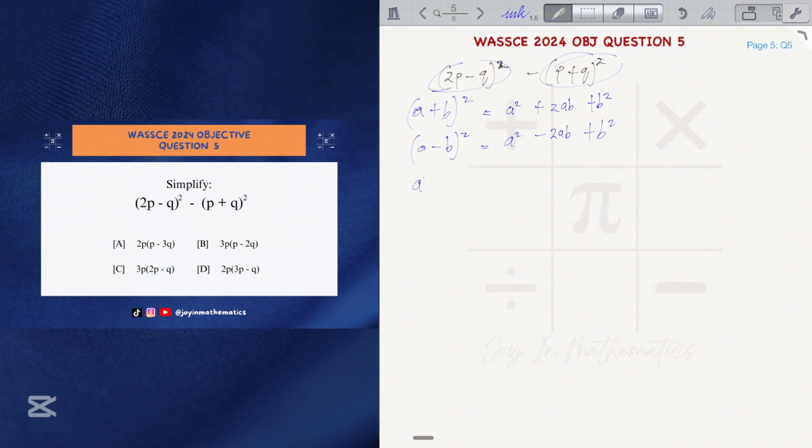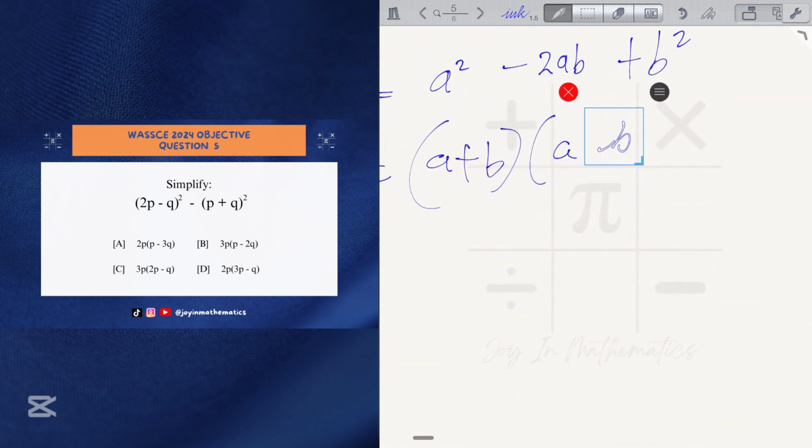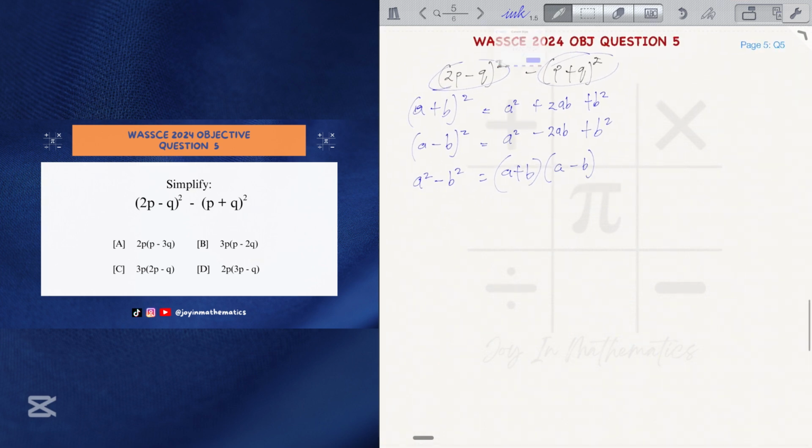So we have a squared minus b squared, and a squared minus b squared is simply a plus b multiplied by a minus b. So let's rewrite the question, and we will tag which is a and which is b.